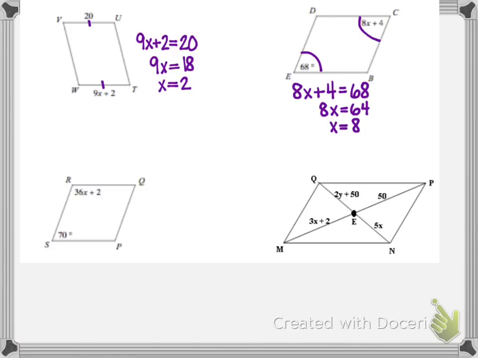All right, here in this next one, we have consecutive angles, or angles in a row, and they are going to add up to equal 180 degrees. They are supplementary. So I'm going to add them up. 36x plus 2 plus 70 equals 180.